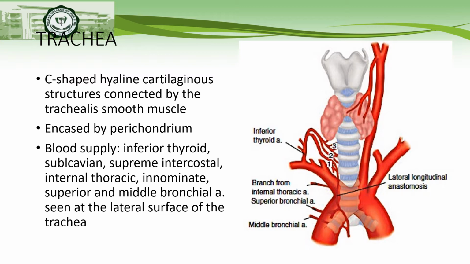So the blood supply is vast and as follows, the ones seen here in your PowerPoint presentation. So inferior thyroid, subclavian, supreme intercostal, and the rest. All of these are interconnected along the lateral surface of the trachea.